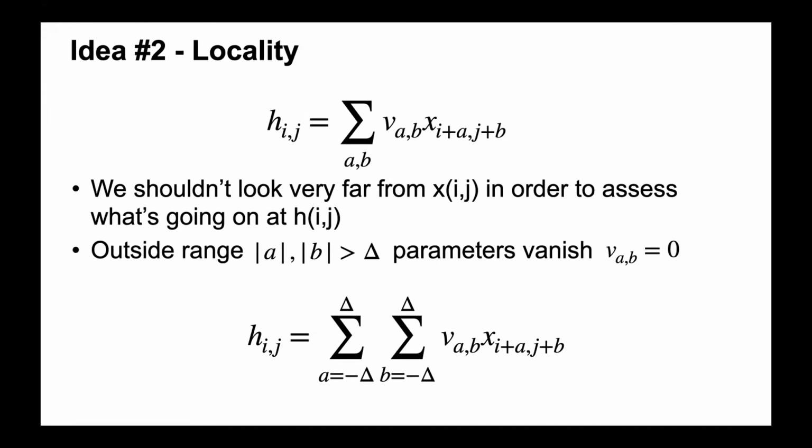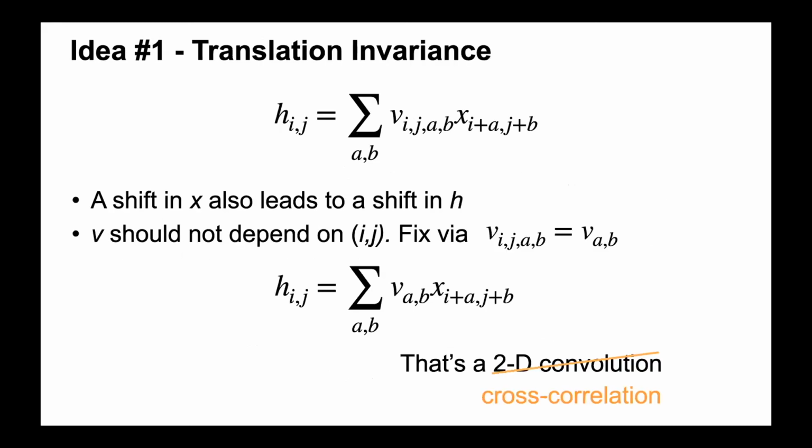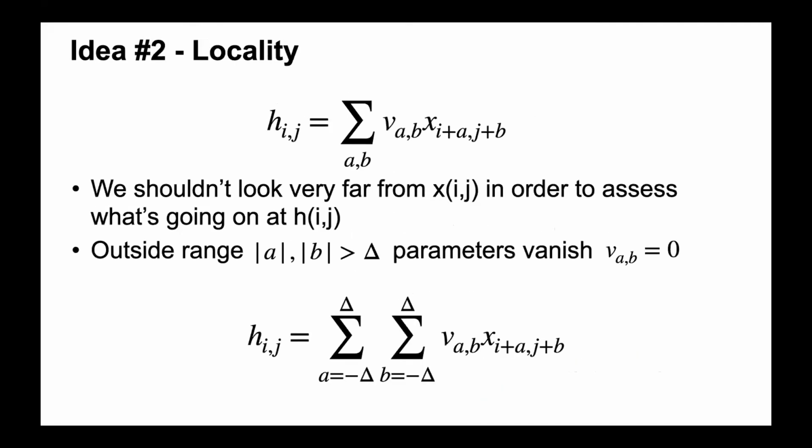Anyway, so far we've gotten into the math. We've understood the idea of translation invariance. We understood the idea of locality, which is just saying we shouldn't be going very far from this patch. If there is a face here, then this patch is all I care about.